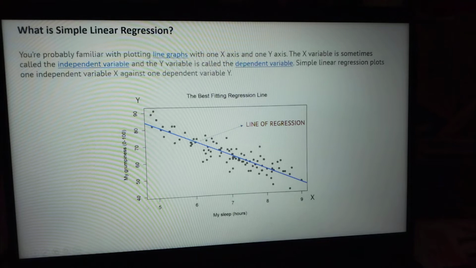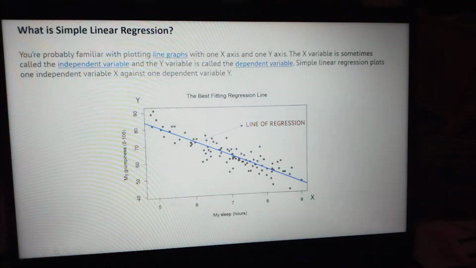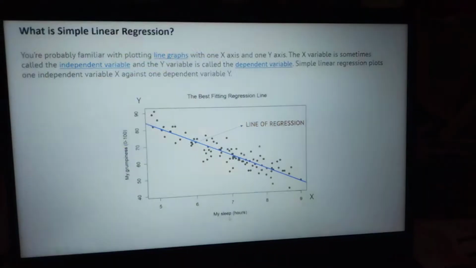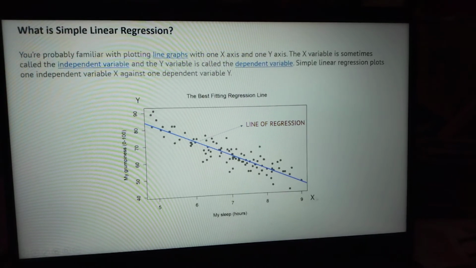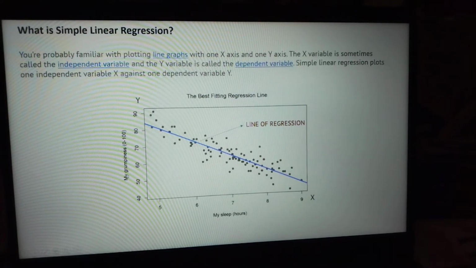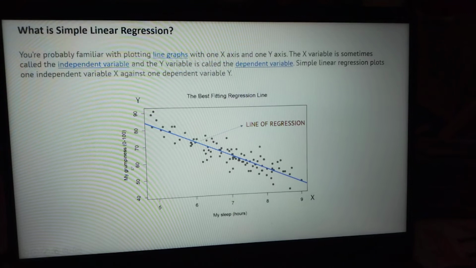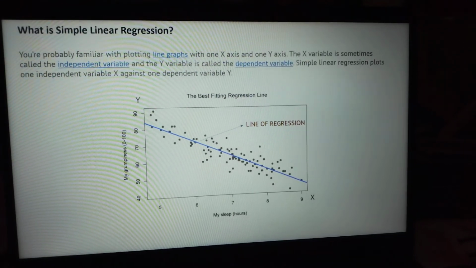So here in this graph, you can see that my sleep, denoted in hours, is plotted on the x-axis. Okay, here x is the independent variable. And my grumpiness means an annoyed state after your sleep. Sometimes we wake up with some annoyance. You are not in a good mood.